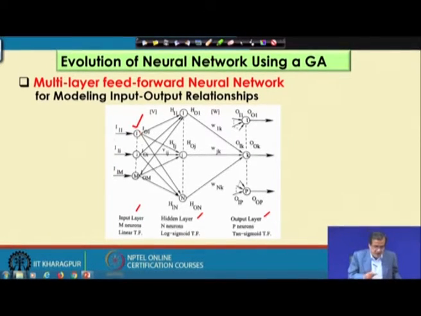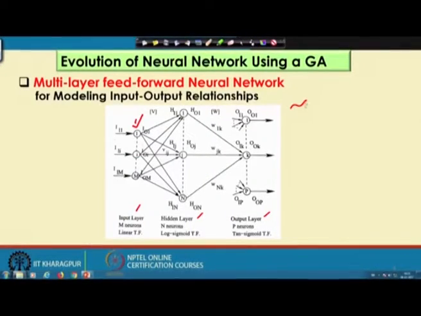Before I go for that, let me concentrate on this particular neuron, the artificial neuron. As I told, if I want to understand the principle of the artificial neuron, the first thing I will have to understand is the working principle of the biological neuron. We know that in our nervous system, we have a large number of neurons.